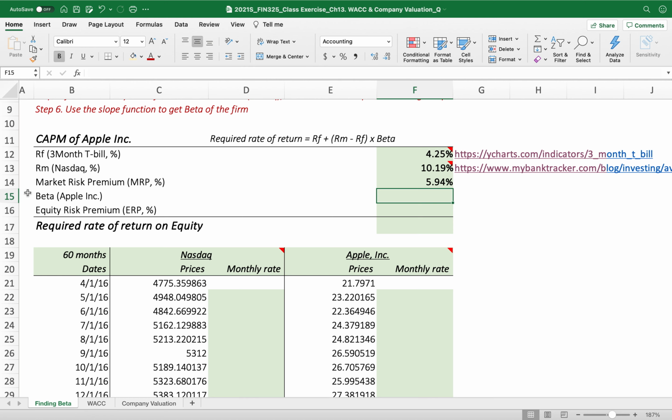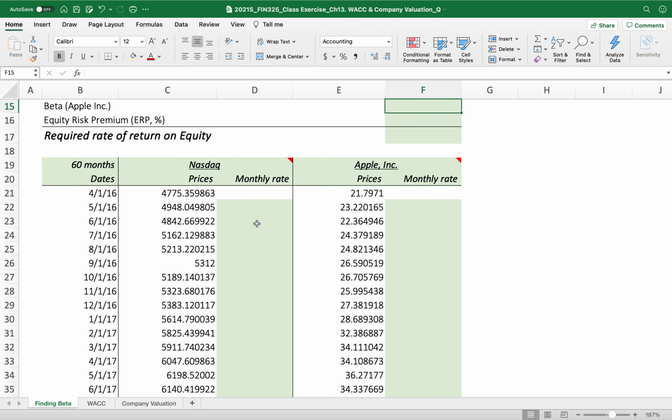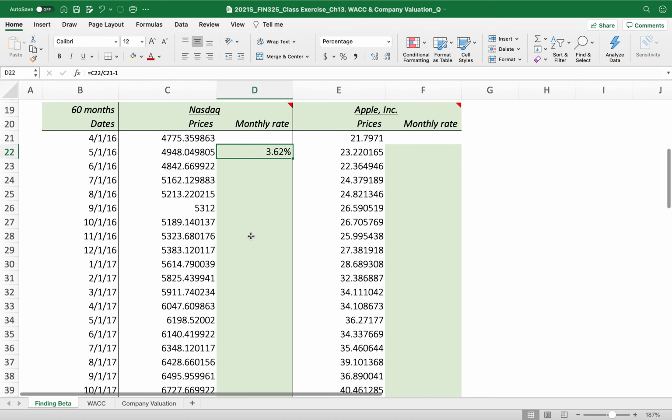Then let's calculate the beta. We put this beta together with the market risk premium, and then we get the equity risk premium, which is RM minus RF times beta. In order to calculate the beta, which is the sensitivity of the stock to the market, we need to get the monthly rate of return, current price divided by the previous price minus 1. So every month, the increase from the last month is calculated like this.